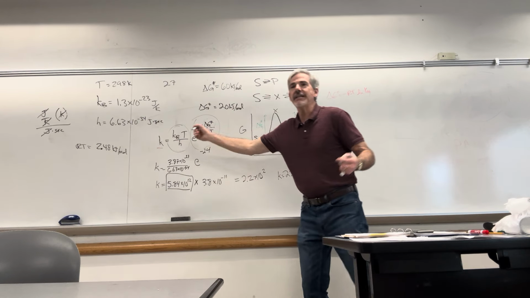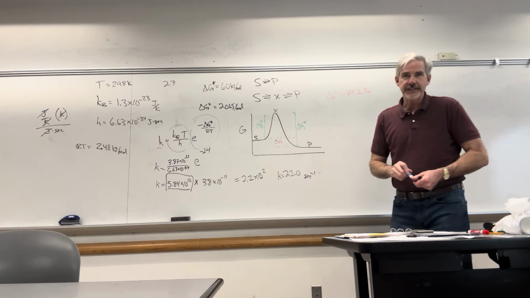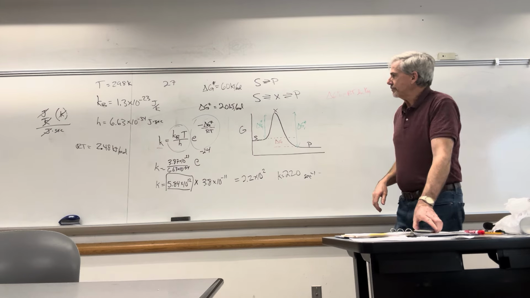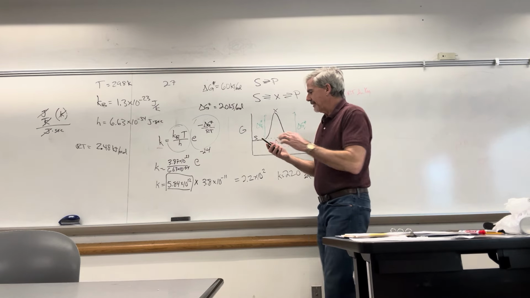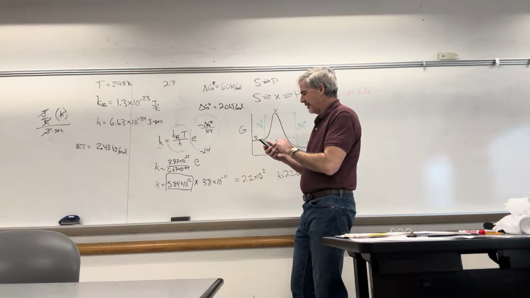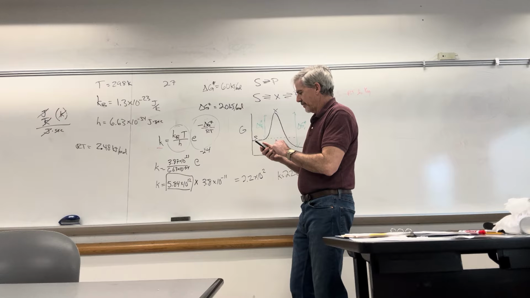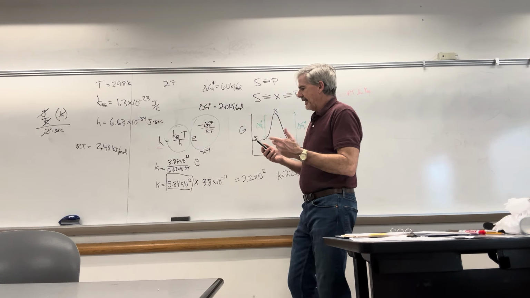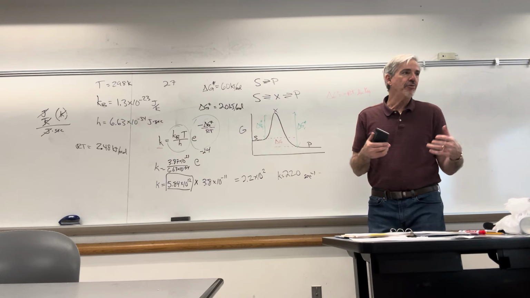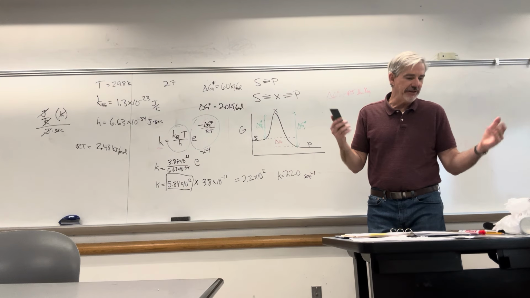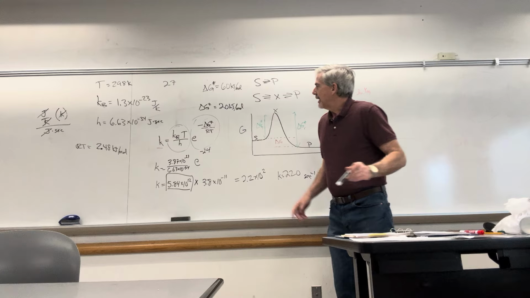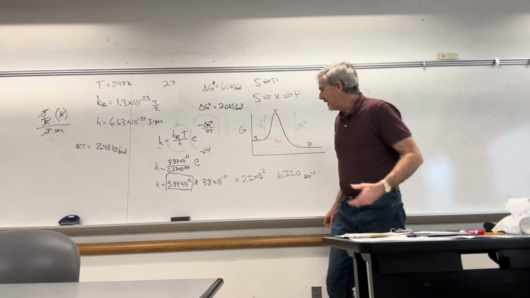The other part will stay the same. That part's not changing. So 20 divided by RT is approximately 8.06. If you want to round to 8 would be fine. And it's negative, so it's going to be negative 8.